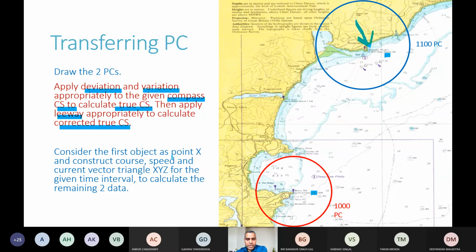Now consider the first object as point X. So let's mark it as point X. Berryhead Lighthouse is point X for us. And construct the course, speed and current vector triangle XYZ for the given time interval.